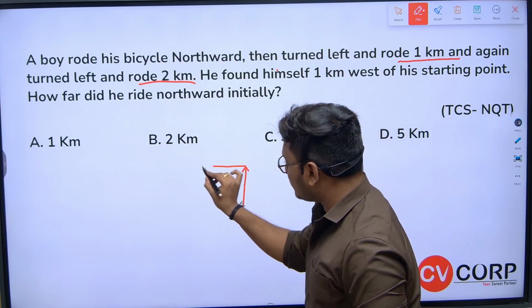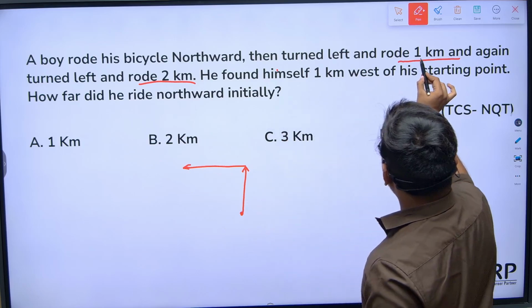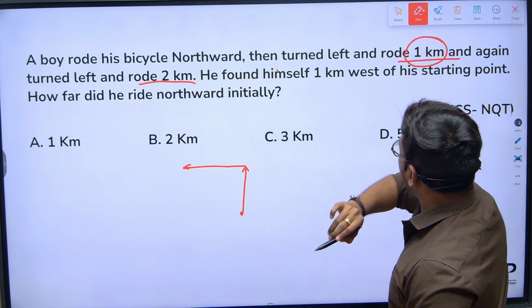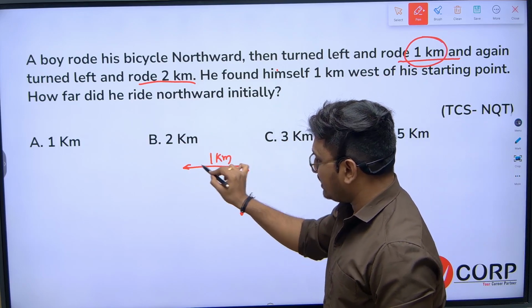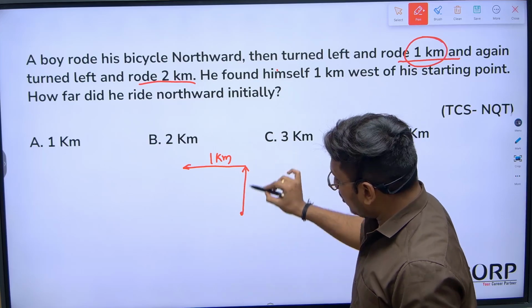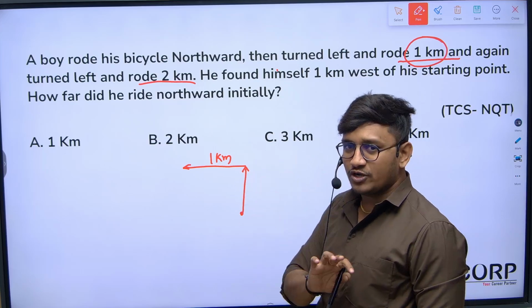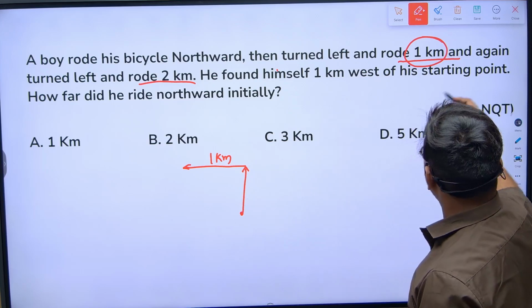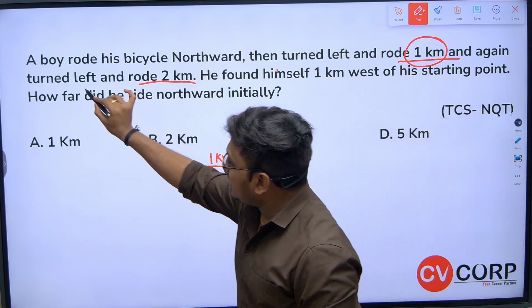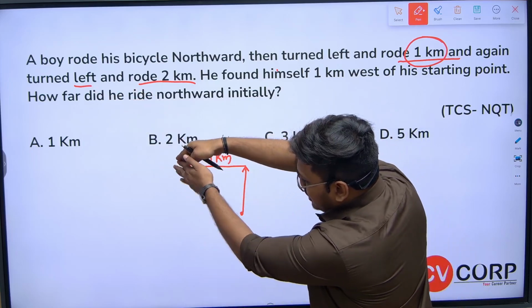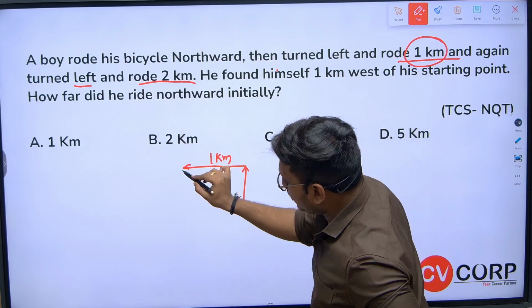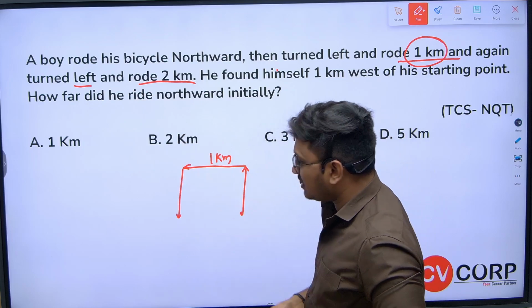So he turned towards west and traveled 1 kilometer. I'm just writing this 1 kilometer. Initially, how much distance did he travel northwards? We are not sure. Next, he again turned left. When he is moving towards west and takes a left, he is going towards south.